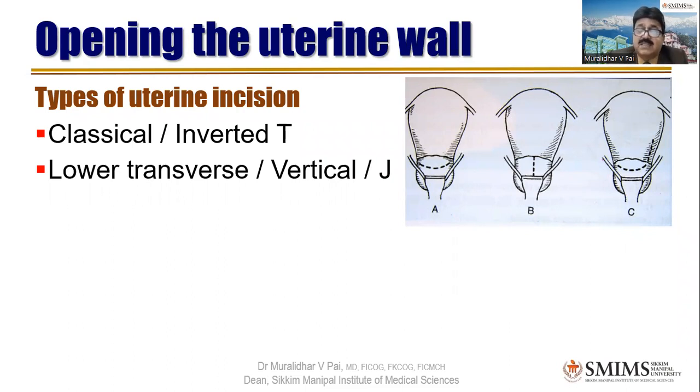But J-shaped, yes, is always done, especially instead of making a transverse incision into an inverted T, you can go to one of the sides upwards. Usually we put not exactly transverse, we put slightly curvy, like a smiley. We put it that way so that if you extend, it will go upwards. See, if you put a straight transverse and want to extend, especially with sharp dissection, on the sides of the uterus the two uterine arteries are there.